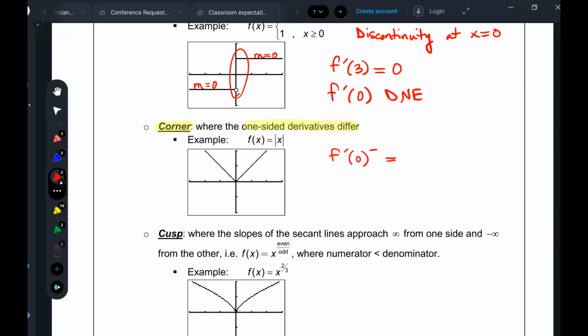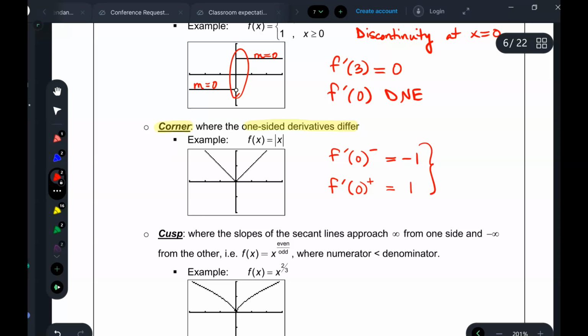So my tangent is that part of the line. Now what's the slope from the left? -1. And what's the slope from the right? +1. So since these are not equal to each other, we have a corner.